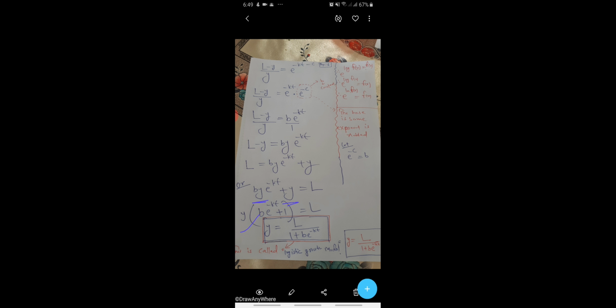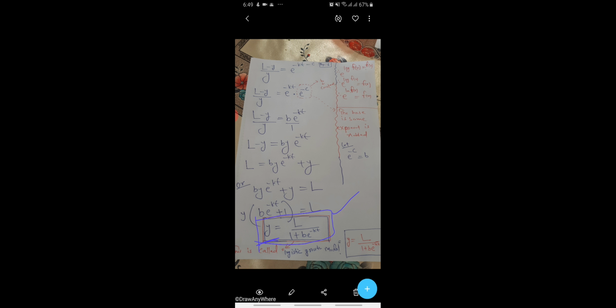Inside the bracket we have b e power minus kt plus 1, and this is equal to L. I have to make y the subject, so y can be written as L divided by 1 plus b e power minus kt, and this is my equation.